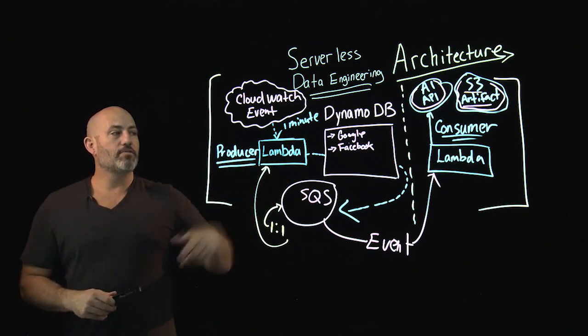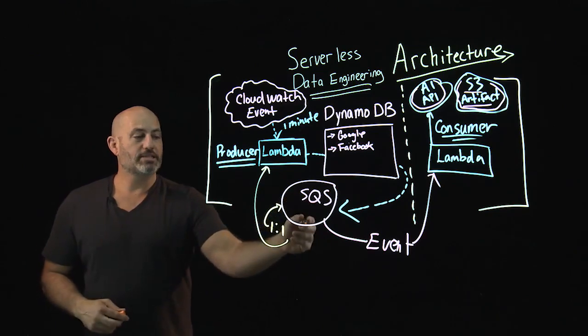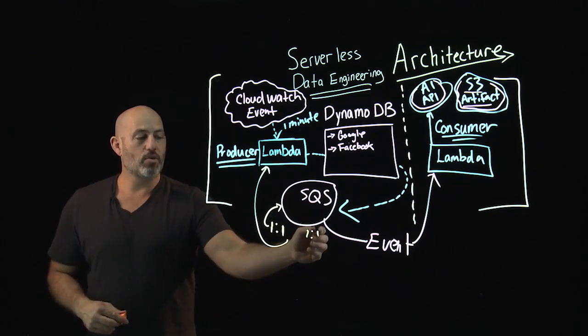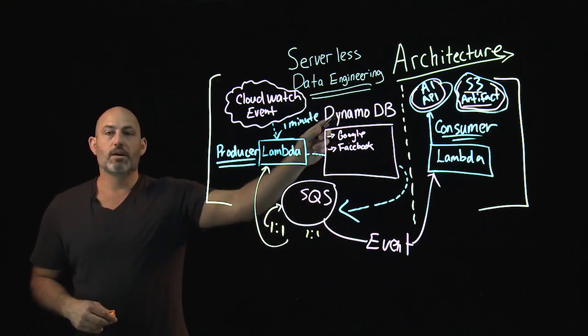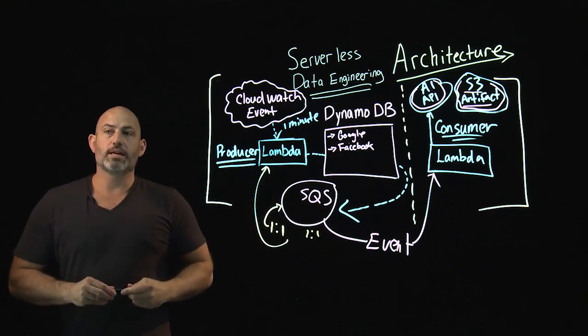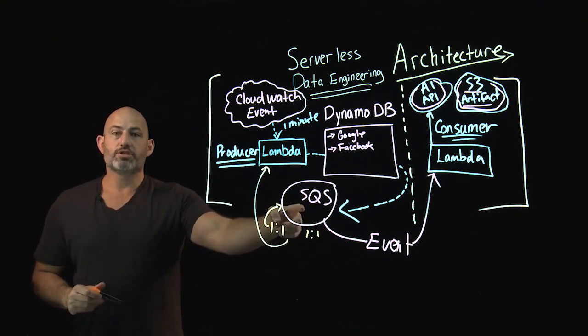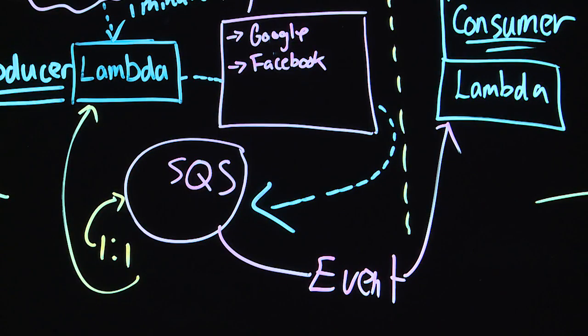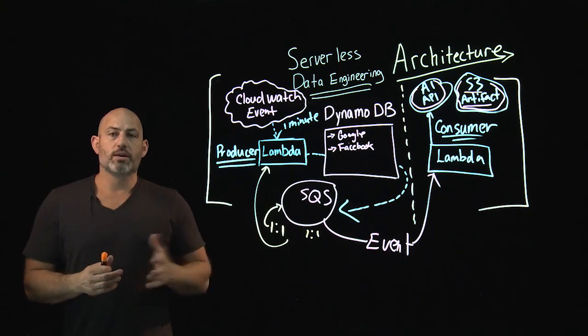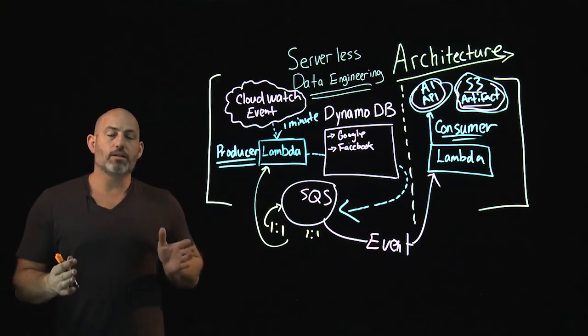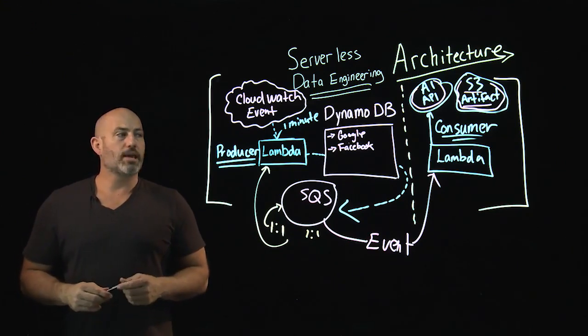And that Lambda function is triggered also asynchronously, and this is also a one-to-one. So what's powerful about this event-based Lambda execution pipeline is that if you have 1,000 messages in SQS, 1,000 Lambdas will run concurrently. And again, if you had to build this yourself without the serverless technology, having that level of parallelism would be really difficult to obtain.